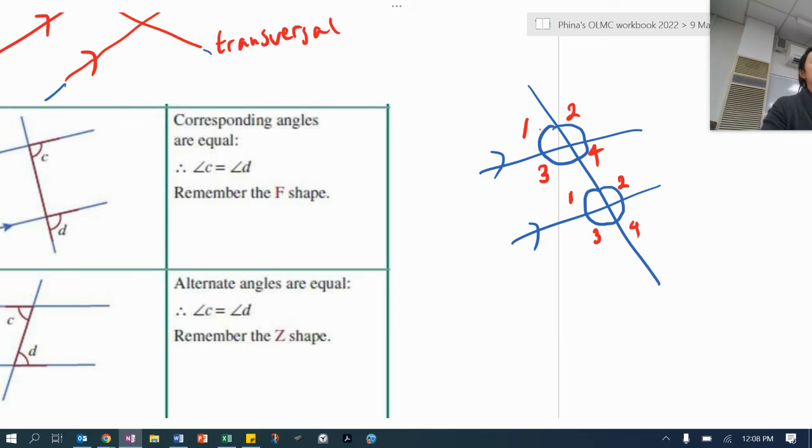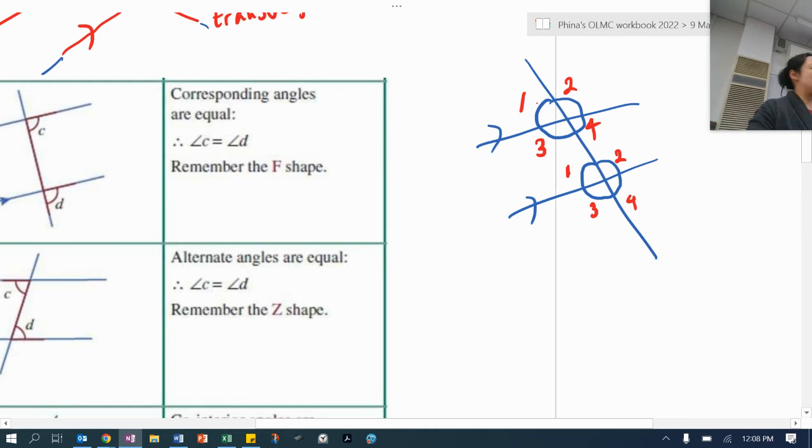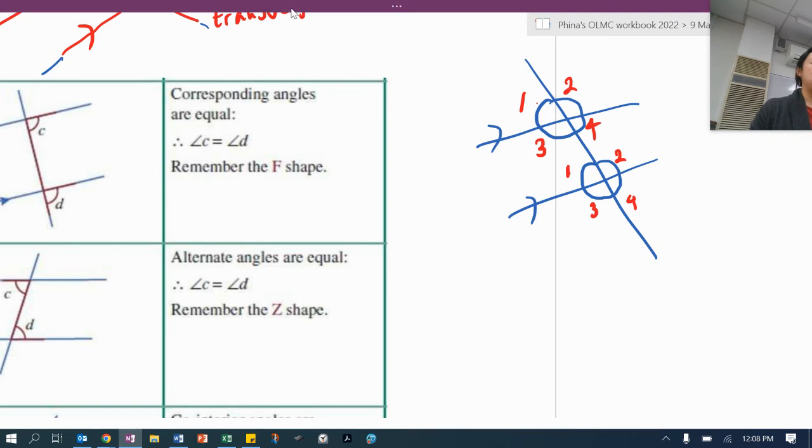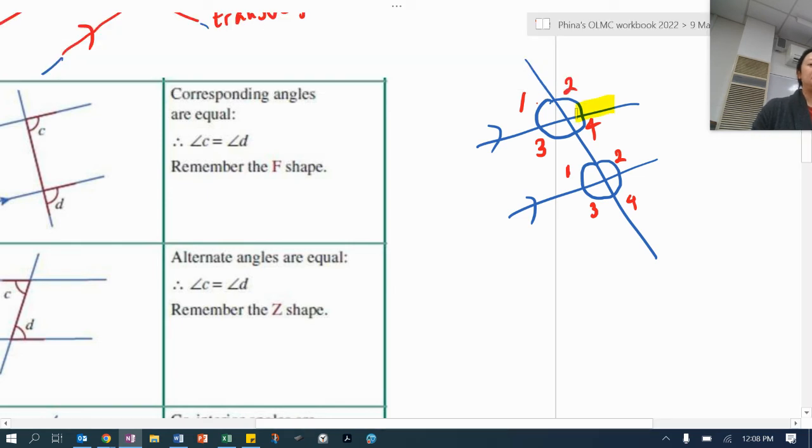The other trick that sometimes they use is the F shape, but I hate that one because it requires you to be able to flip the F backwards and forwards in your brain. So I just prefer to use the group of four rule. But if you want me to, I'll quickly give a summary of what the F thing is. If you draw an F in this direction, the ones inside the corners of the F, they're corresponding.